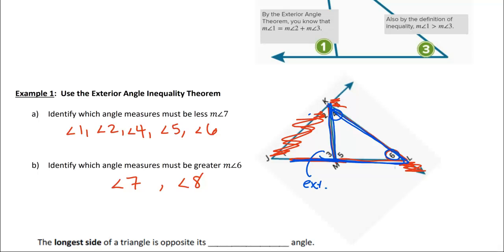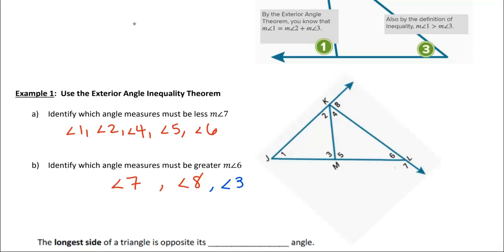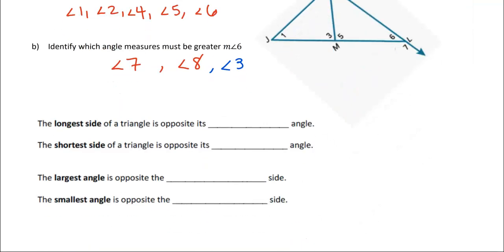So I definitely think that 6 is smaller than 3. So it's saying which of these must be greater than 6. And I would say that 3 is definitely going to be greater than 6 because it's going to be the exterior of that triangle. All right, it's hard when we have multiple triangles, so focus in if you can.